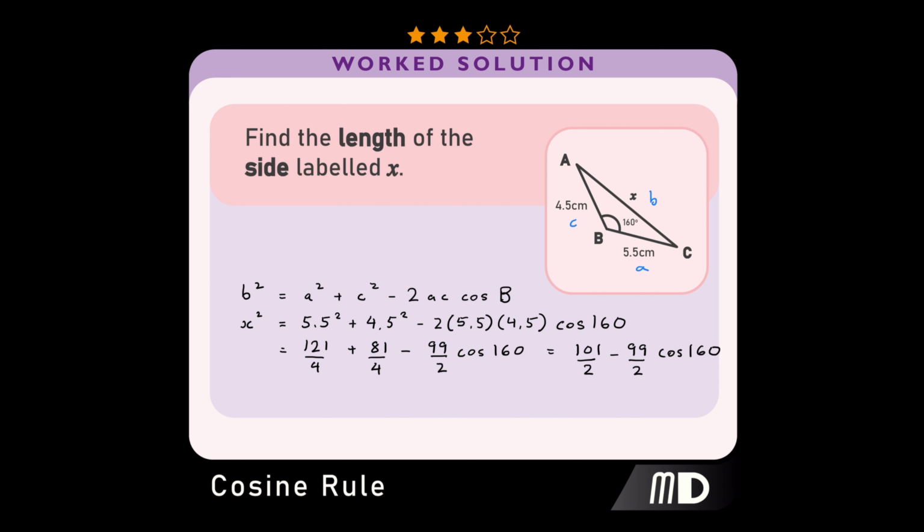This gives us a value of x squared equal to 97.0147728, and so on, which, in order to find the value of x, we need to take the square root of.